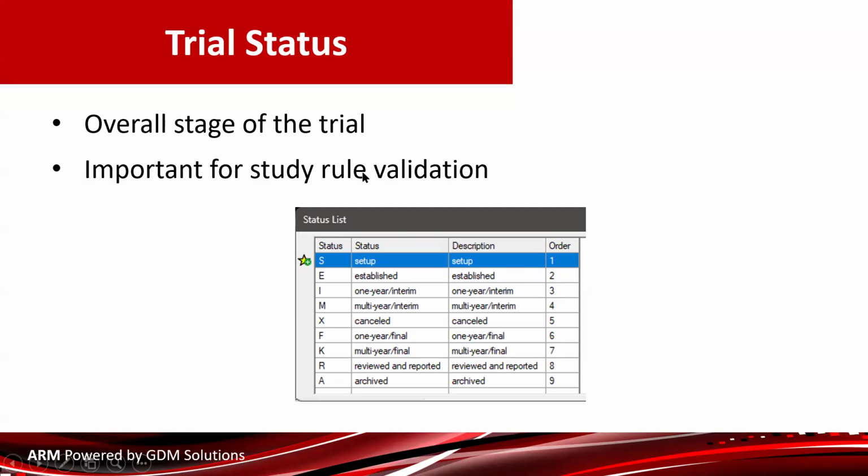Once things start moving on, then it's interim, whether the trial is a 1-year or a multi-year. So that's a big wide net. Whenever things are going on, it could be interim. And once you're ready to finalize, you would pop down to the final selection.